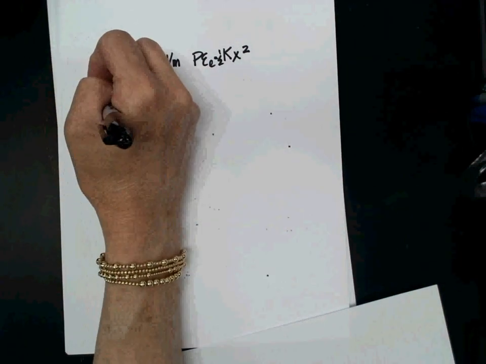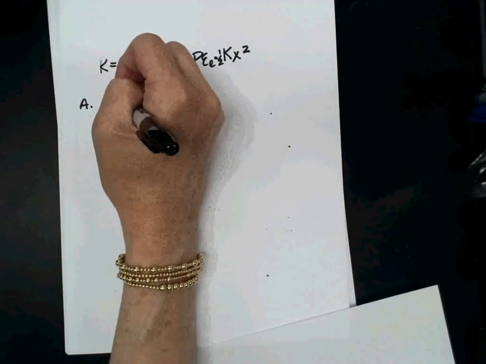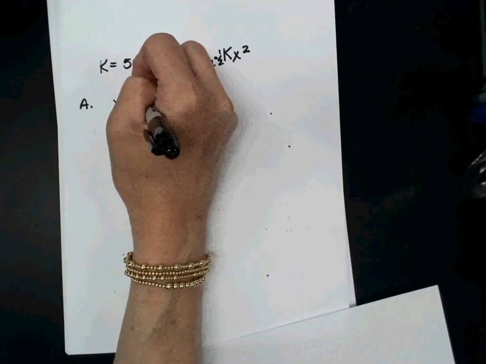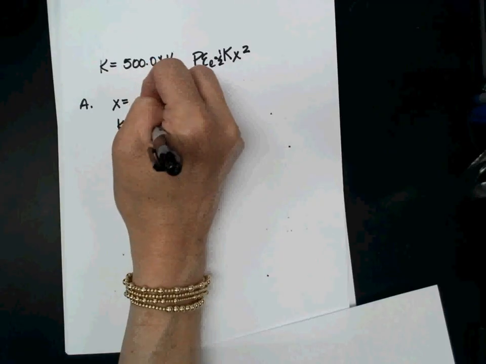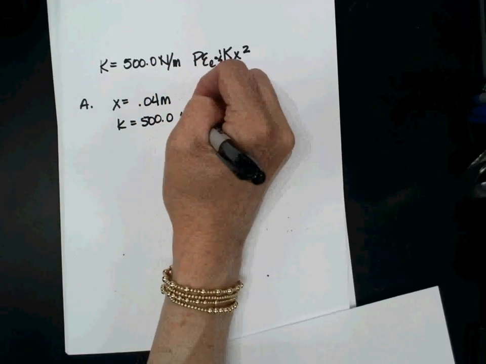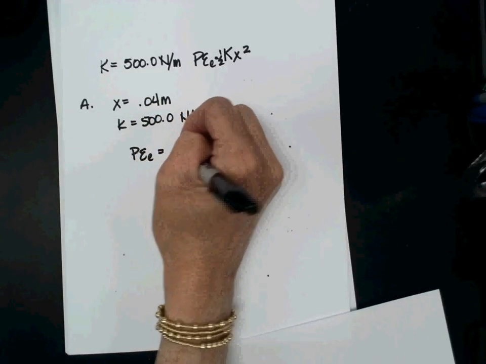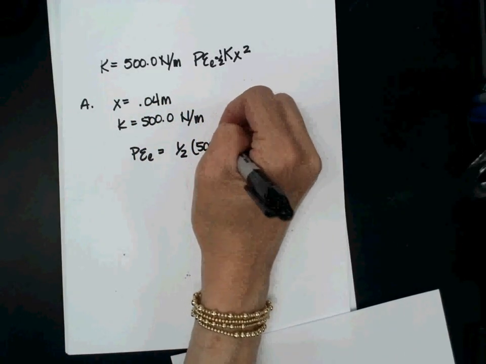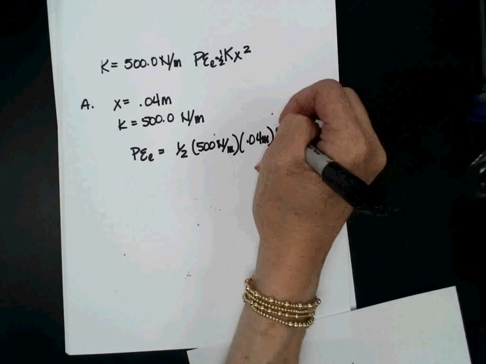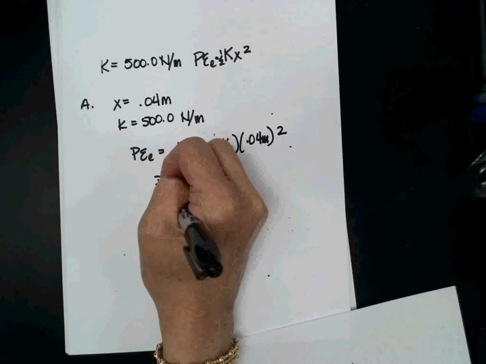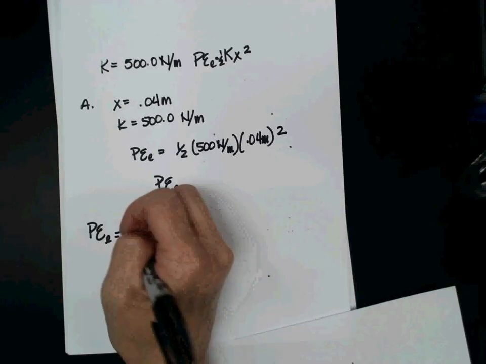A is telling me that when it's stretched 4 centimeters from equilibrium, my x would be 0.04 meters. My K is what I was given, 500 newtons per meter. So PE elastic equals 1/2 times 500 newtons per meter times 0.04 meters squared, and I'm going to get an answer.